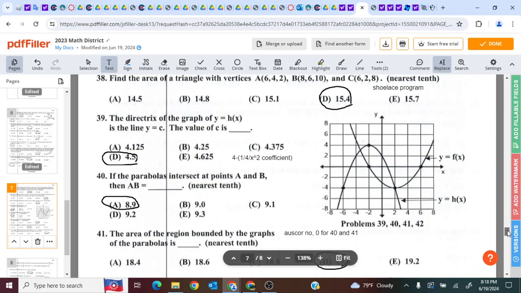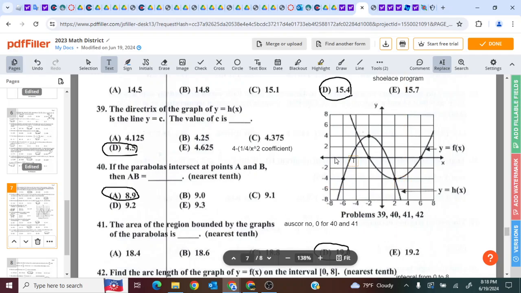39. The directrix of the graph y equals h of x is the line y equals c. What is the value of c? Well, first off, you'll be using stat edit to put both of these equations into y1 and y2. Once you do that, you realize the a coefficient, or the value next to x squared, is -0.5.